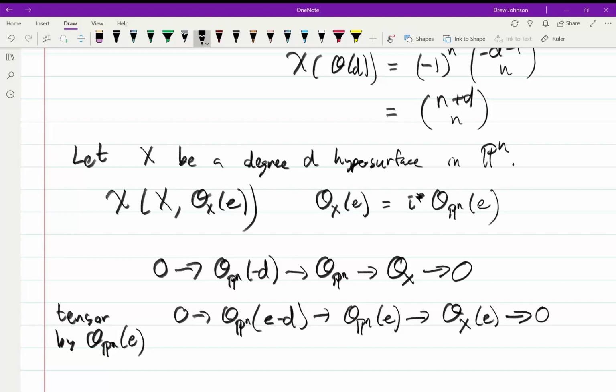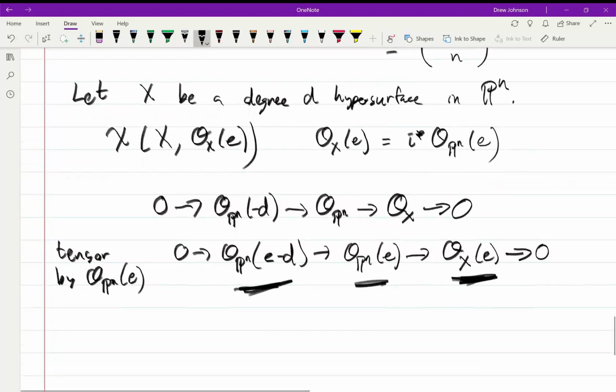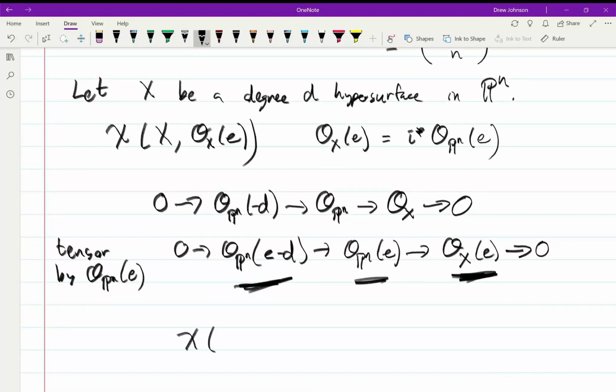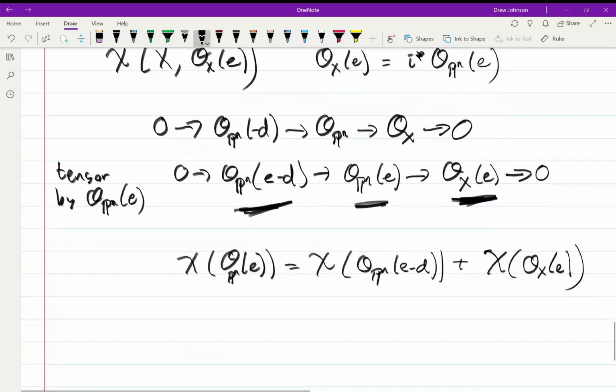All right, so we have this exact sequence, and so now the thing that we want is appearing right here. Okay, and these two things we know because we already have that formula. So we have the Euler characteristic of O_{P^n}(e) is equal to the Euler characteristic of O_{P^n}(e-d) plus the Euler characteristic of O_X(e). Okay, and I'm not writing the space here because the space is already in the subscript. So there you go.